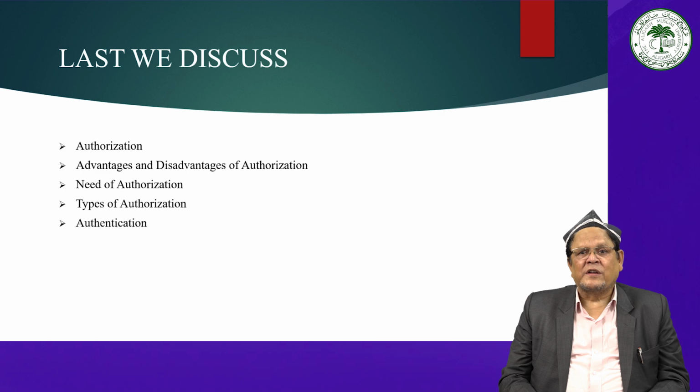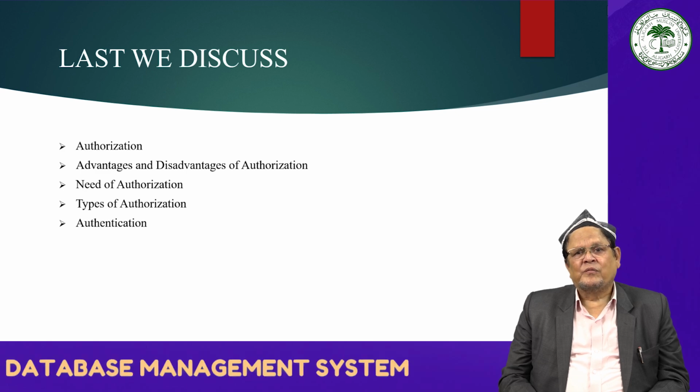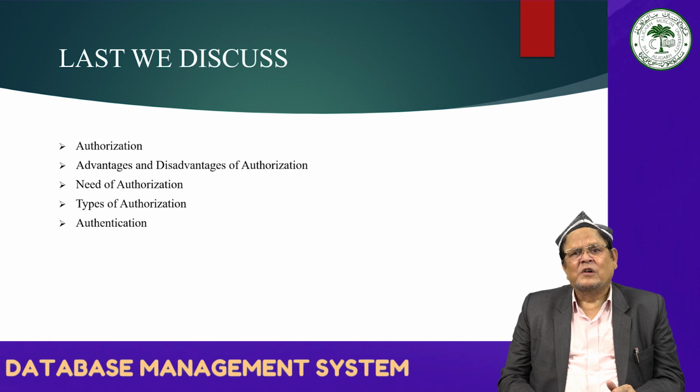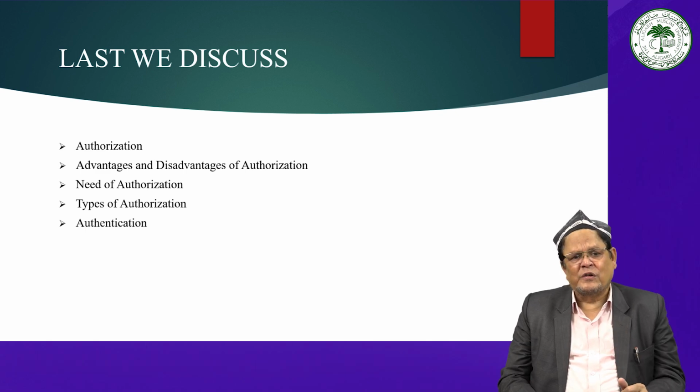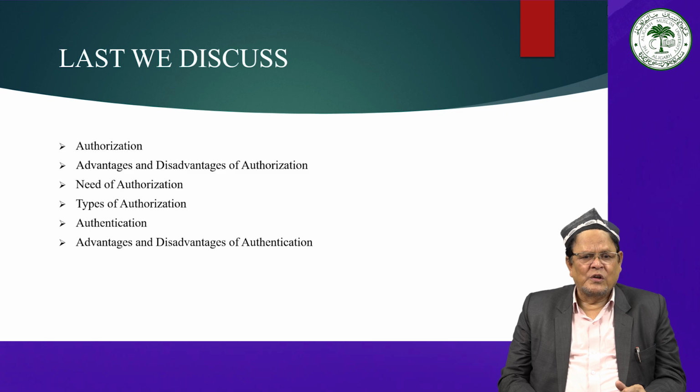And then authentication. You have to authenticate, that is, verify the users, whether they are authentic users or not. For that you have to check biometric fingerprints, passwords, and security tokens.